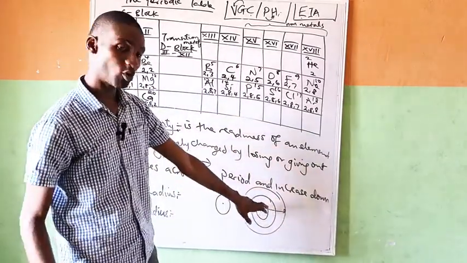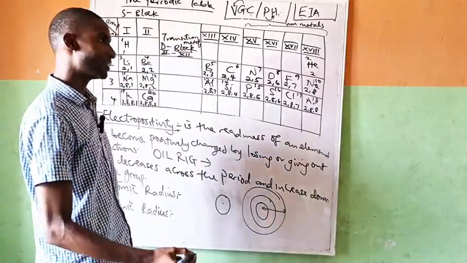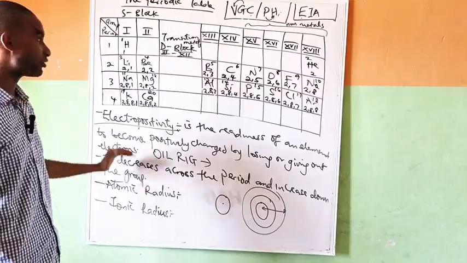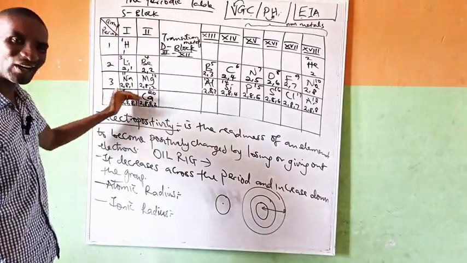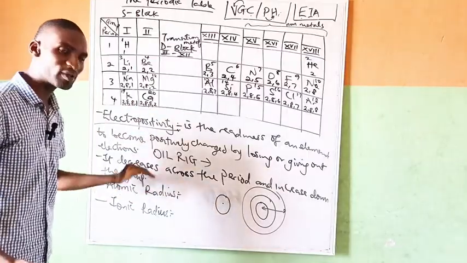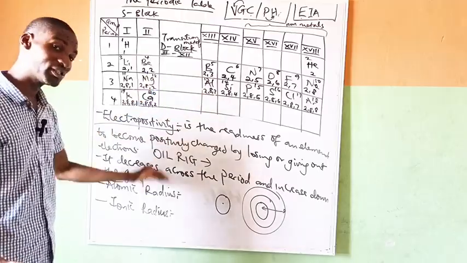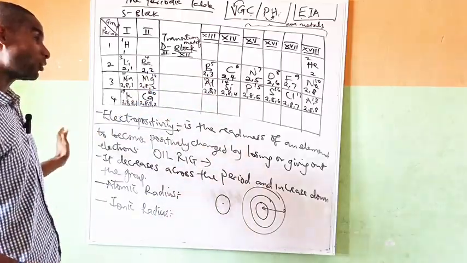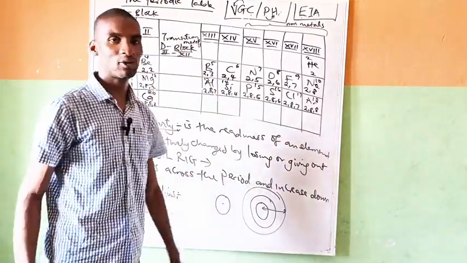It's the guy with more shells. The meaning of that is that atomic radius and ionic radius increase down the group. As the number of shells increases, the radii increase as well, while they decrease across the period.